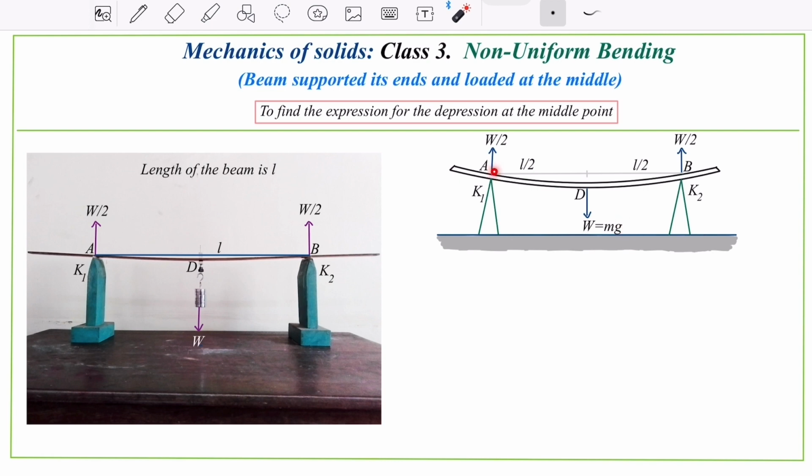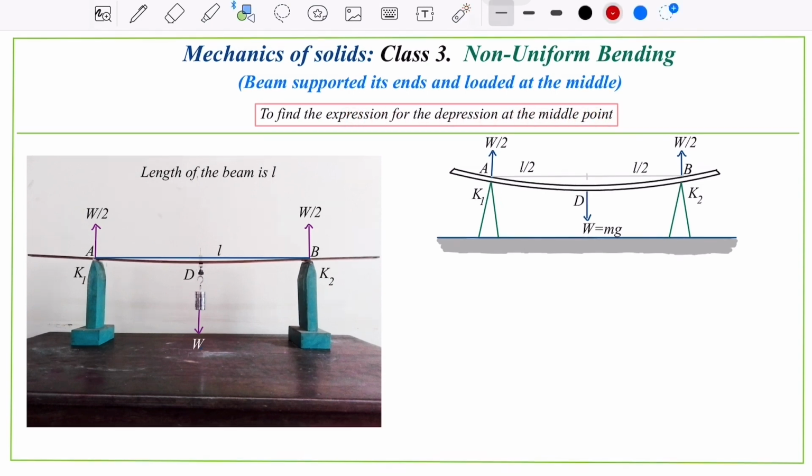Now the reaction at each knife edge is W by 2 and that is pointing upwards. Now the beam bends symmetrically with respect to the middle point D and the depression is maximum at the middle point D. So our aim is to find out how much the middle point is deflected by the action of this weight W. So we have to find out an expression for the depression at the middle point.